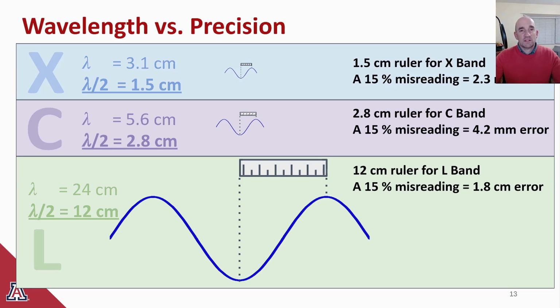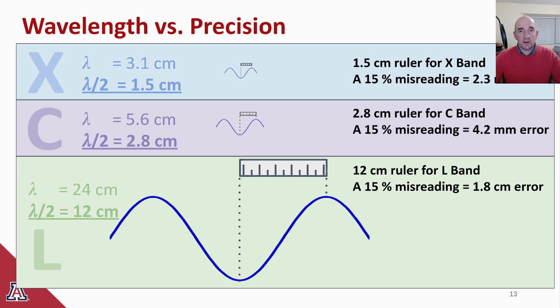And on my measuring stick, regardless of how long it is, I have the same finite set of graduations. So 10 graduations for X-band and 10 graduations for L-band. The shorter the wavelength, the closer together the graduations. And if I misread the ruler, it's a smaller error than if the stick were longer.